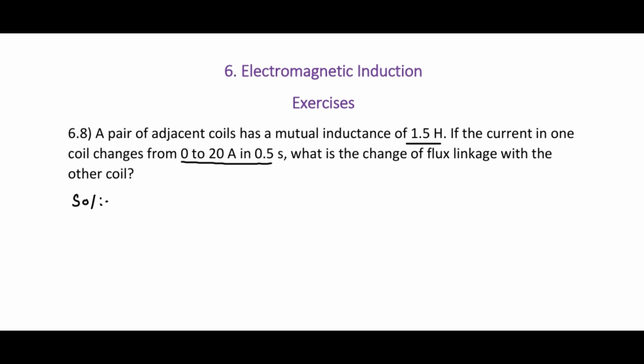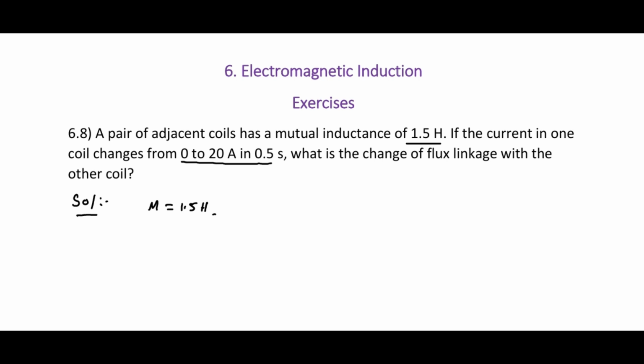Here the given values are mutual inductance M is equal to 1.5 Henry and the current changes from 0 to 20 ampere in 0.5 second. Then what is the change of the flux linkage?